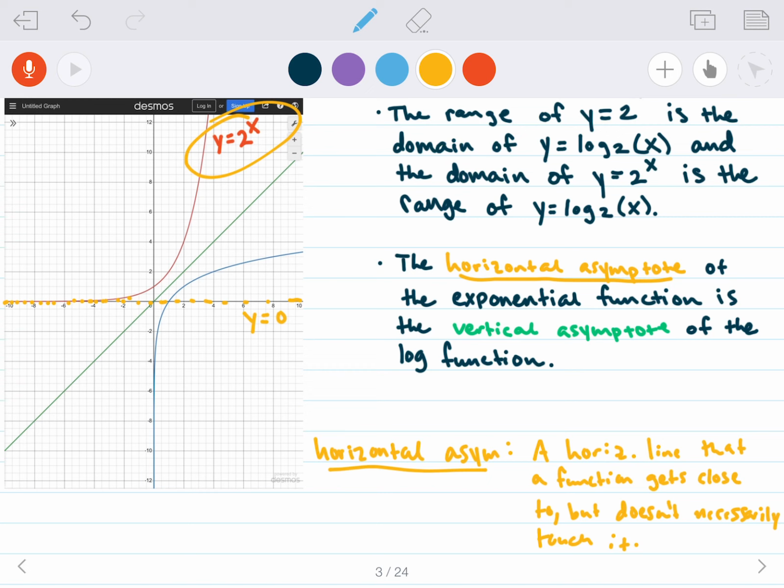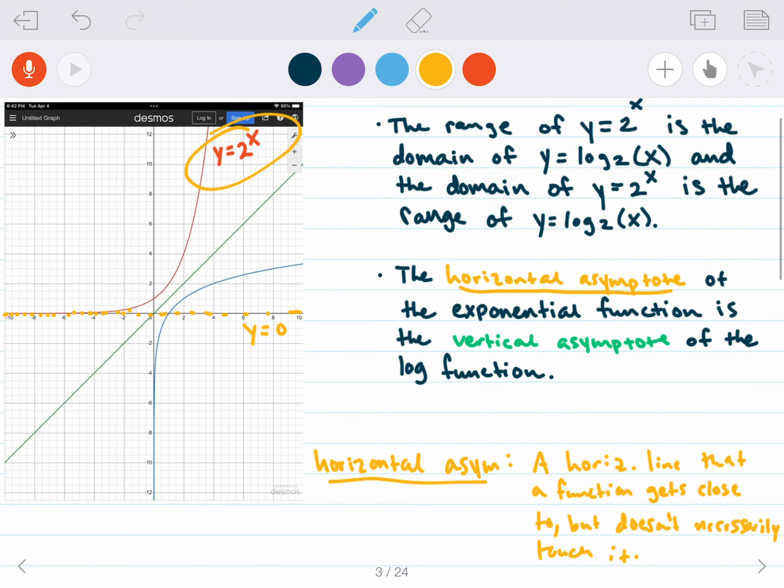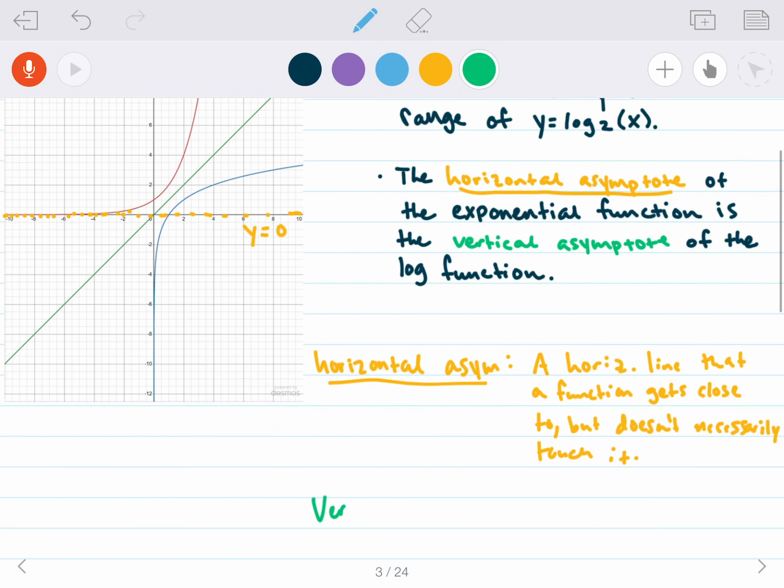Now, on the other hand, the vertical asymptote is just the vertical line that a function gets close to but doesn't ever touch. So let me write that down here. So this is our vertical asymptote, and you guys have probably heard this before in another class.